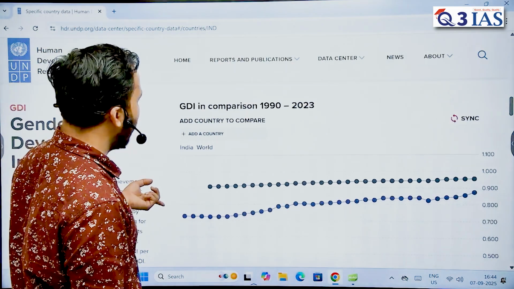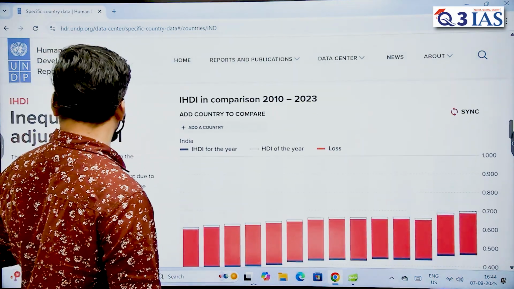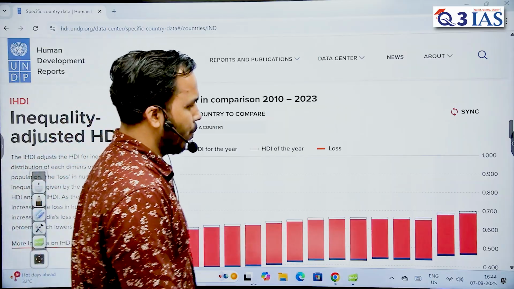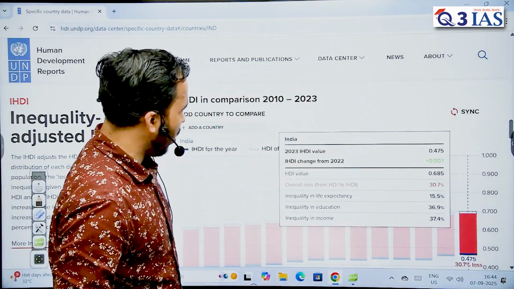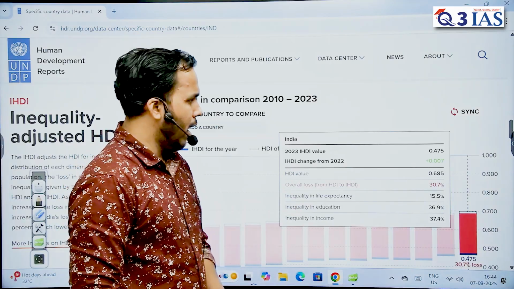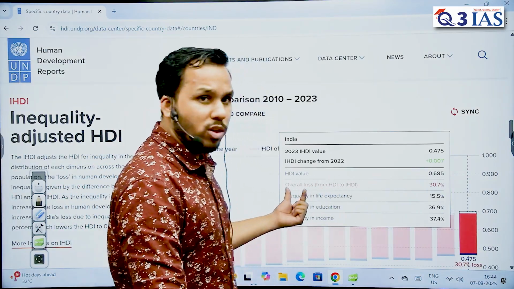Now we will see the IHDI, which is published by UNDP. Look at this. What does this particular IHDI show us? According to it, what was the HDI value?